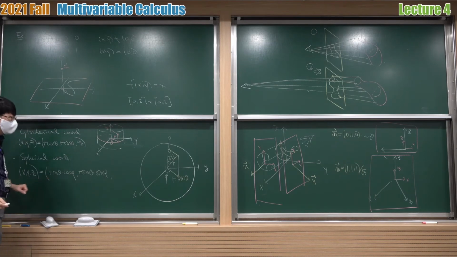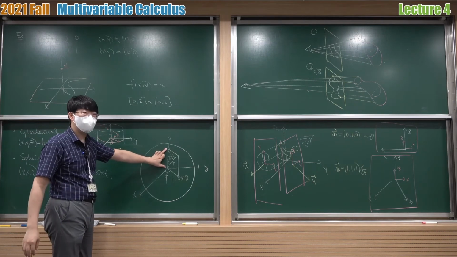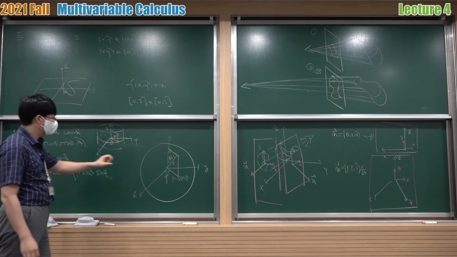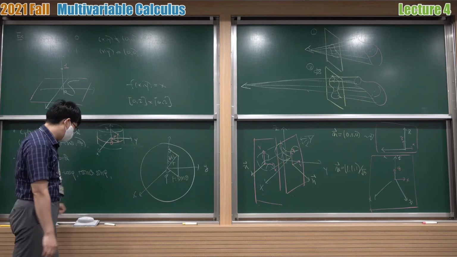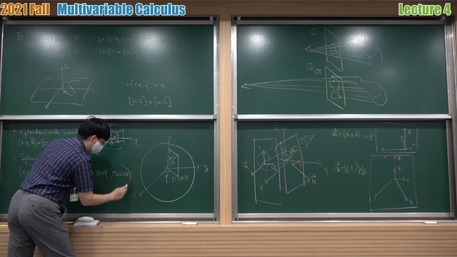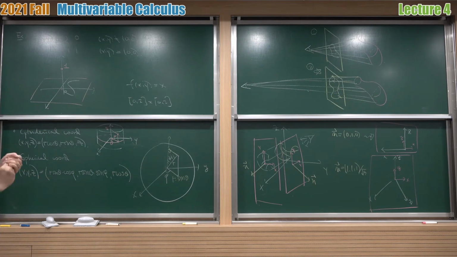Right? How about the z-axis? Cosine theta, right. Okay. So we have new coordinates.